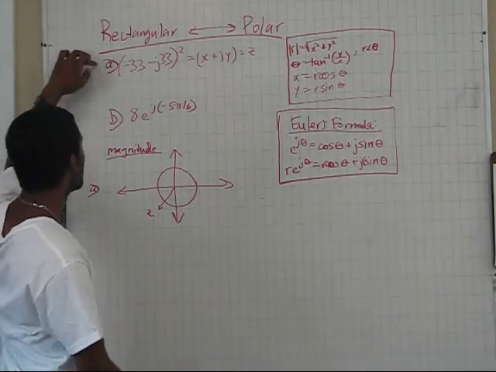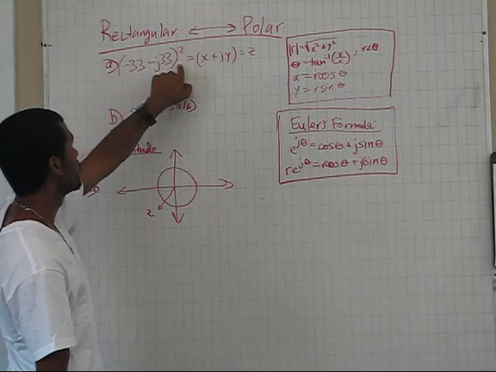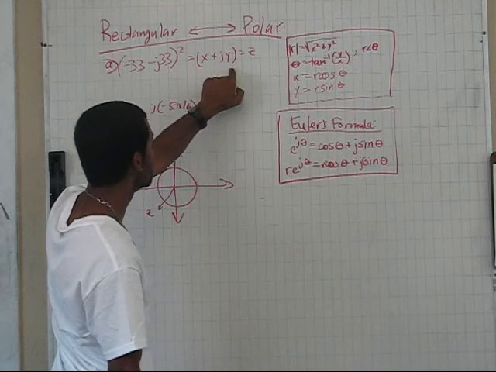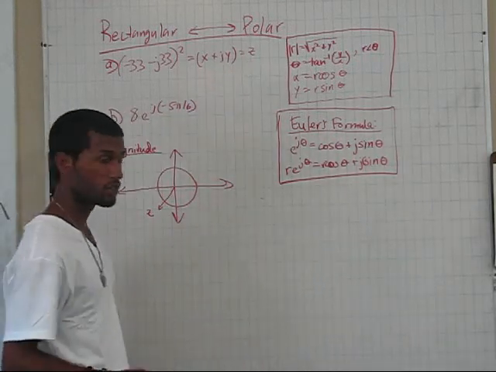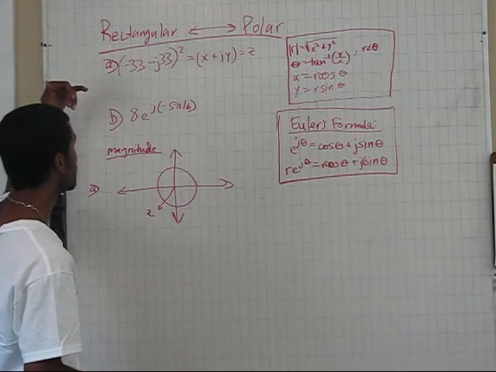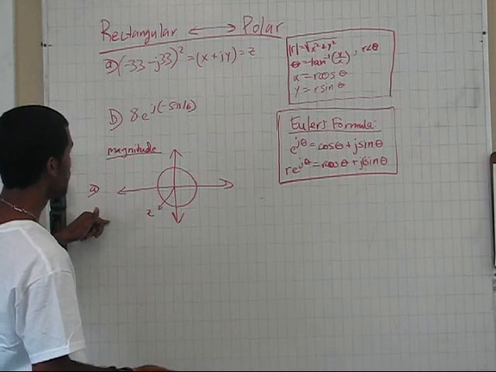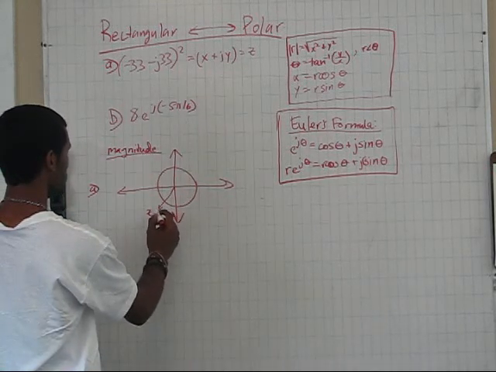Alright, we have problem A, which says negative 33 minus j negative 33, squared, is equal to x plus jy equals z. So this is a simple rectangular to polar conversion problem. So the first step you have to do is basically convert your rectangular to polar. And to figure this out, you know that since they're both negative, it's going to be in the third quadrant usually.